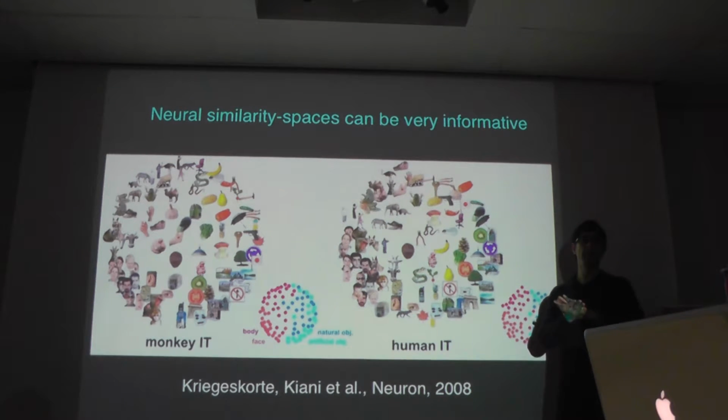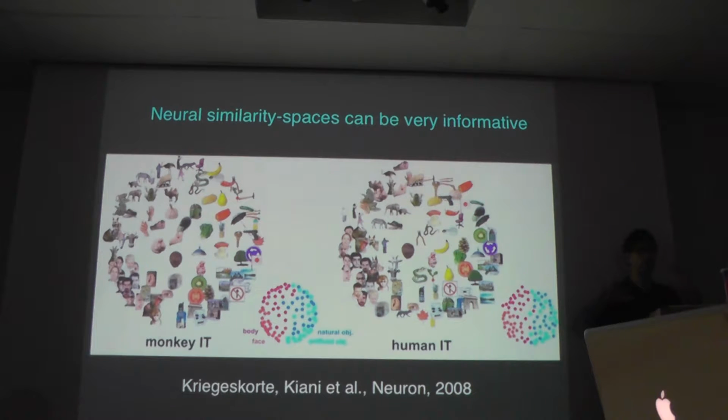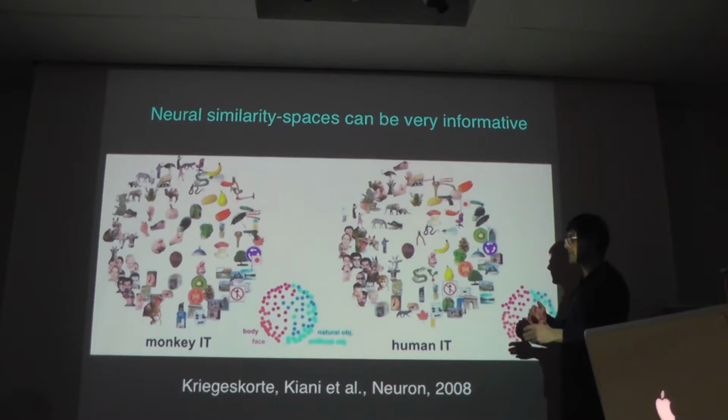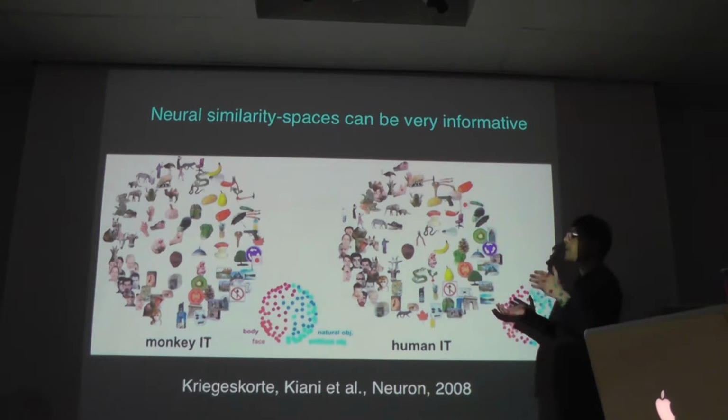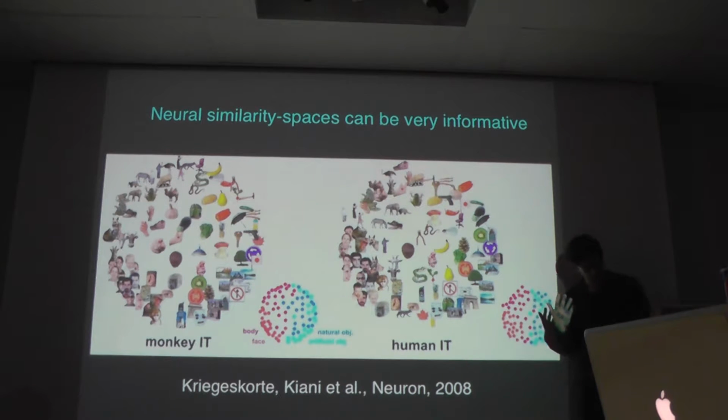But we can draw things in 2 dimensions, and you can sort of draw them in 3 dimensions if you do it with a computer and spin it around. But 2 dimensions is much easier to visualize. So what would be nice is a way of taking a very high dimensional space and representing it in low dimensions. And that's what multidimensional scaling does.